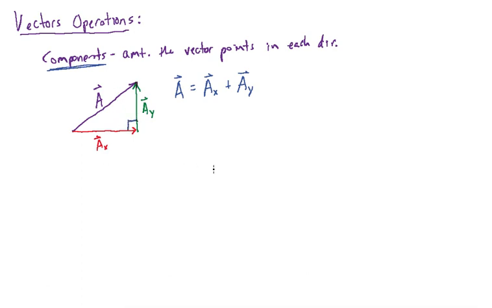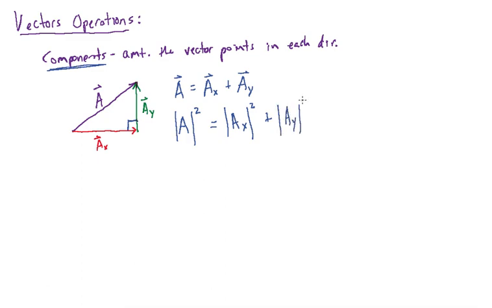This also means that if I take the absolute value of each of these things, in other words, just the length of them, I could write something along these lines. The length or the magnitude of vector A squared is going to equal the length or the magnitude of A sub x, which is just that component length, plus the length of A sub y.